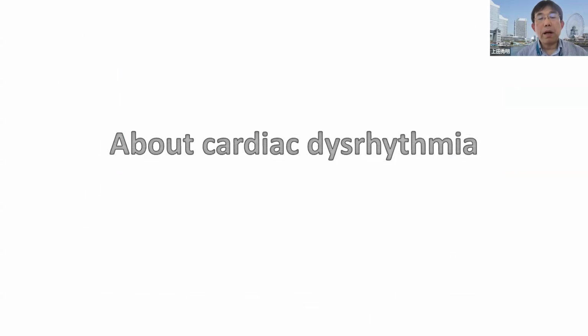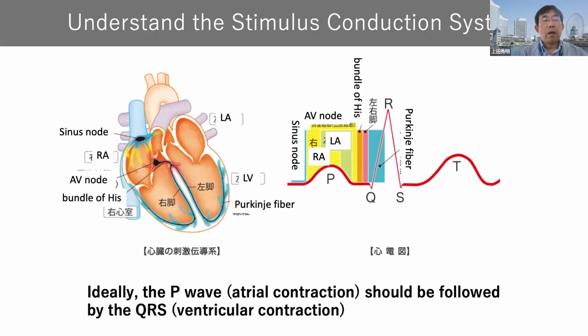And what about cardiac dysrhythmia? I would like to show the picture of the electrical conduction system. As you know, it always starts from the sinus node, and the beat is transferred to the AV node, then moves to the bundle of His, and then goes to the right-sided branch and the left-sided branch, and the Purkinje fibers are around here.